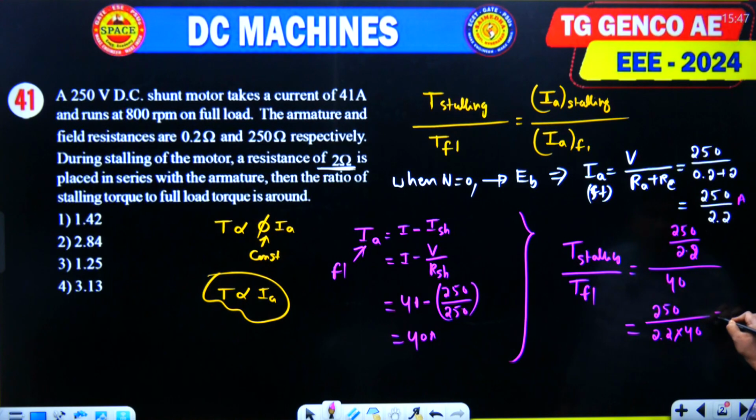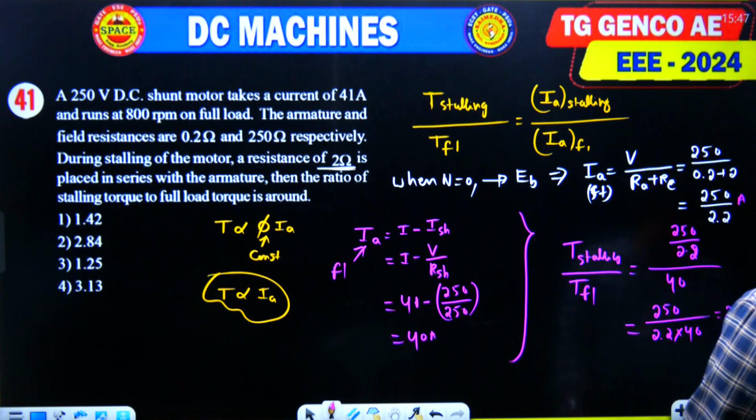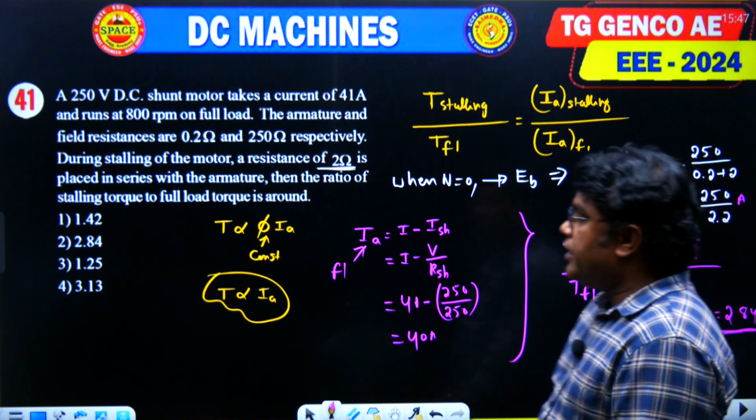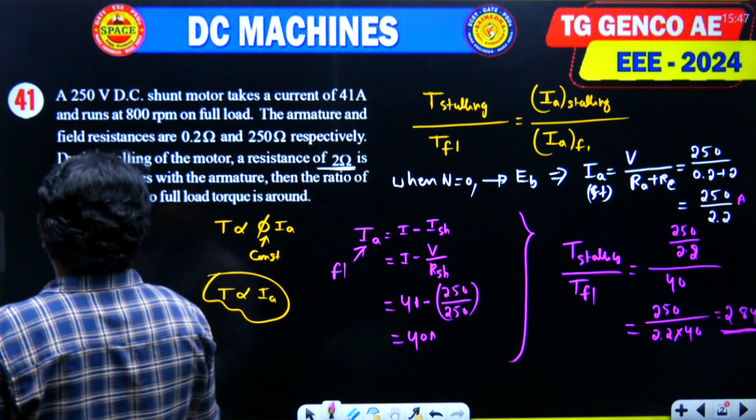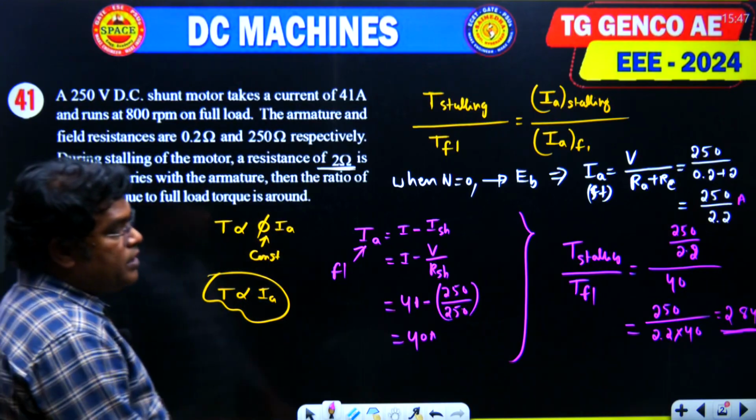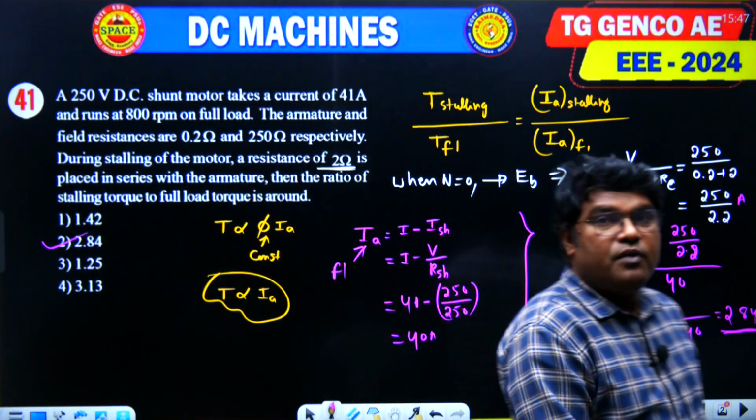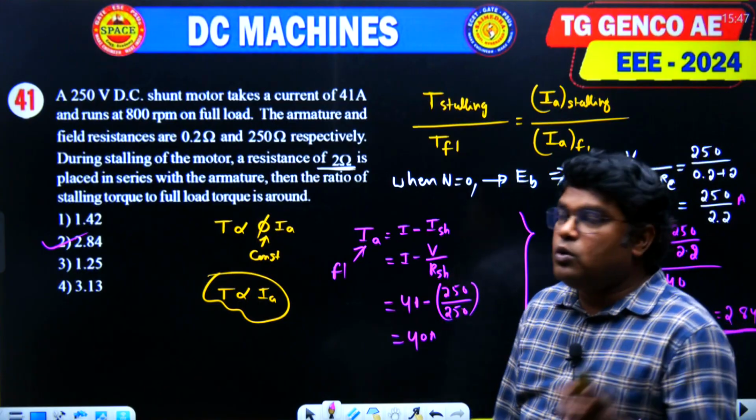By solving this, we will get 2.84. Just verify with the calculator: 2.84 is the right answer for this question, the ratio of the stalling torque to the full load torque.